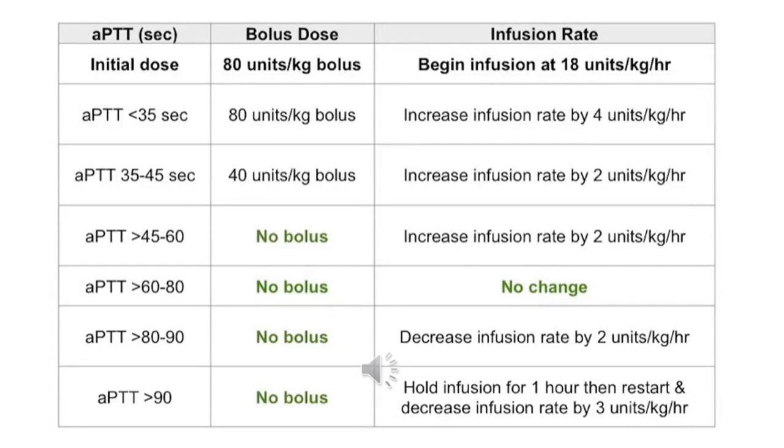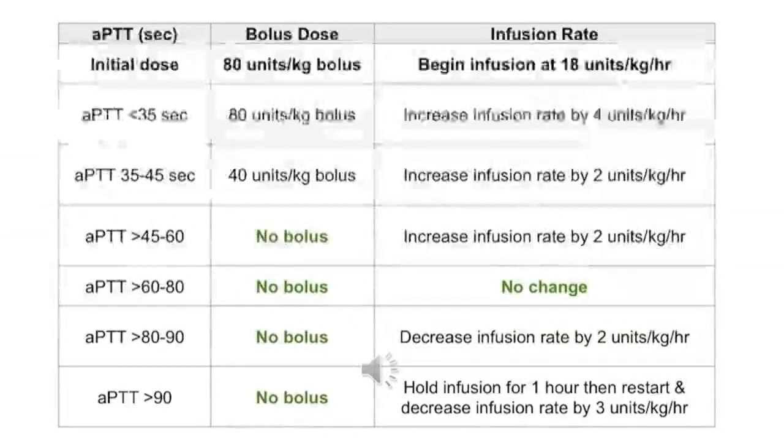We said 37. What we have to do is give 40 units per kilogram as a bolus. So we draw up that many units and we deliver that as a bolus. If our patient was 10 kilograms, and it says 40 units per kilogram, that would mean that we would deliver a 400 unit heparin bolus.